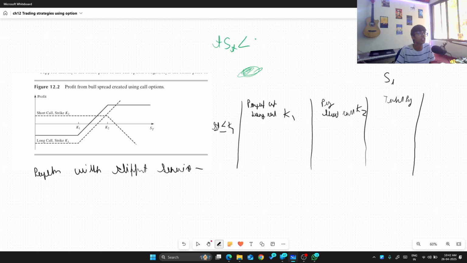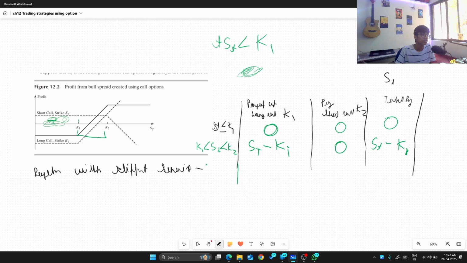If ST is less than K1, K1 is here and the price ST is somewhere here, so the payoff would be 0 because it is a call option, right? 0 and 0 and 0. And if ST lies between K1 and K2, then the first option will exercise, ST minus K1, the second will not exercise, and the total payoff would be ST minus K1, right?